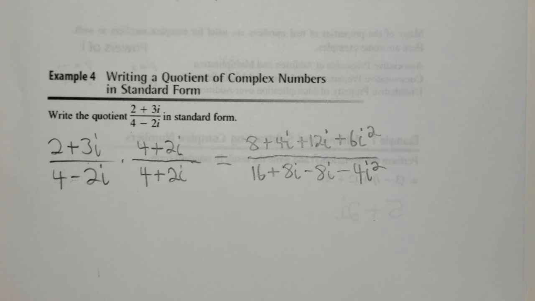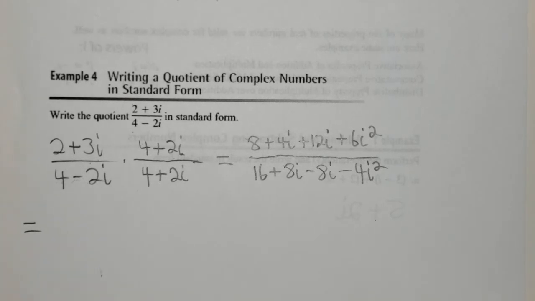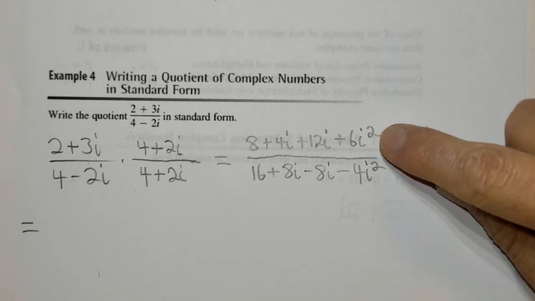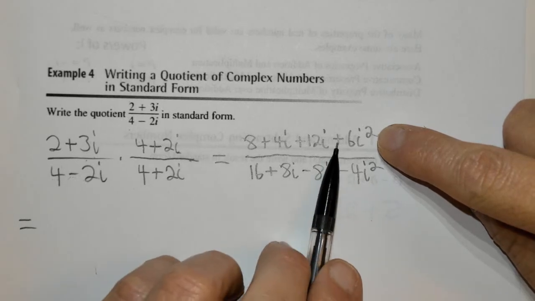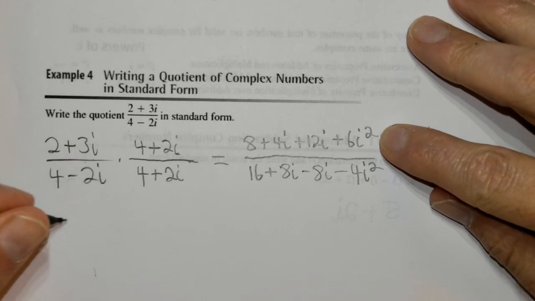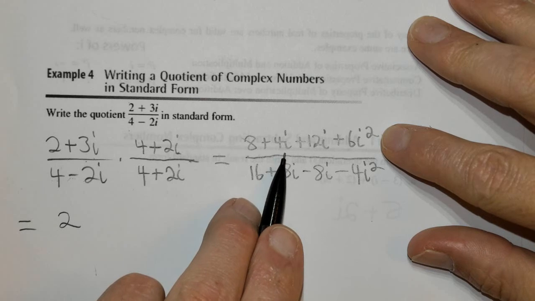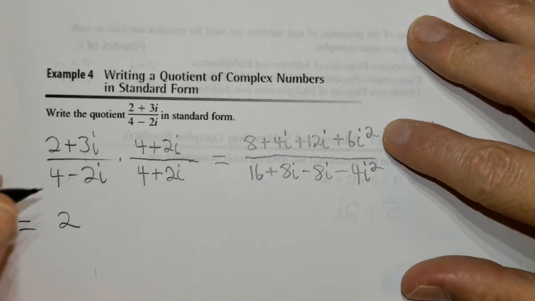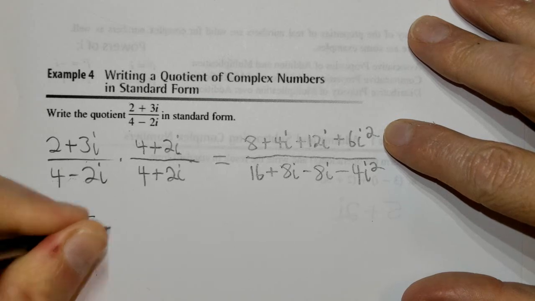All right, so from here what we can do is we can take a look at the top and simplify that. Remember, i squared is going to be negative 1, and negative 1 times 6 is negative 6, so 8 minus 6, that actually gives me 2. And so for the imaginary part, 12 plus 4, that's going to give me 16i.